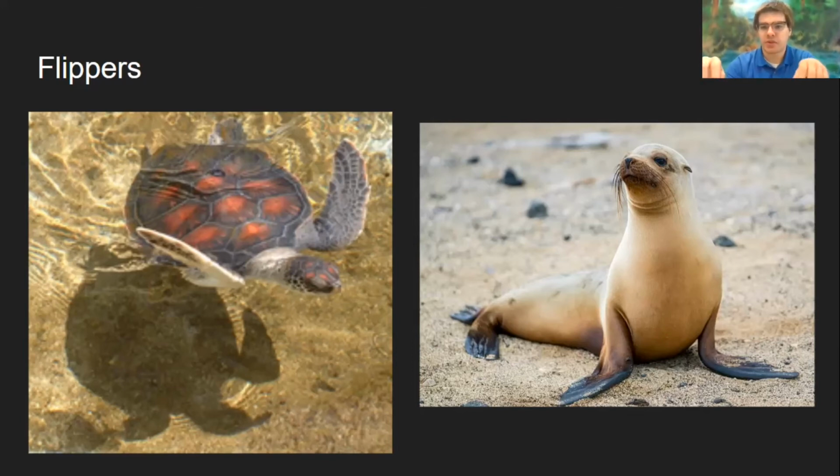Other examples of swimmers that propel themselves with their legs like that are things like terrapins, which are very similar to turtles, but are slightly different. They propel themselves forward with specialized webbed feet.